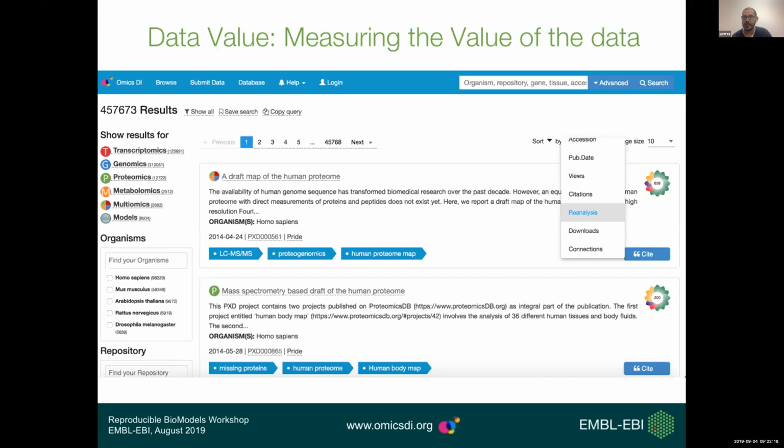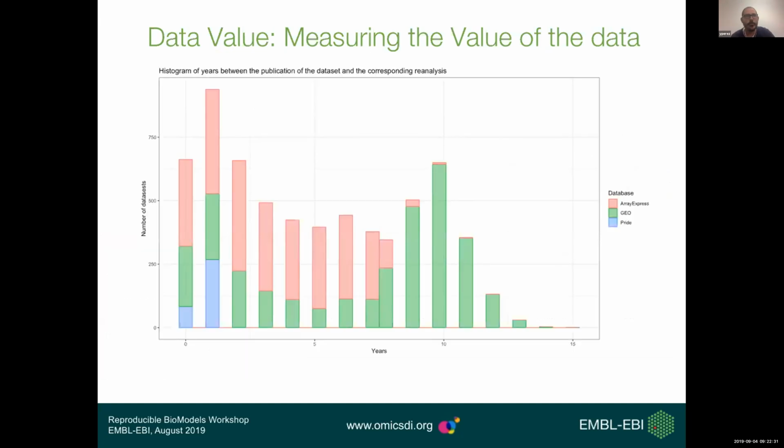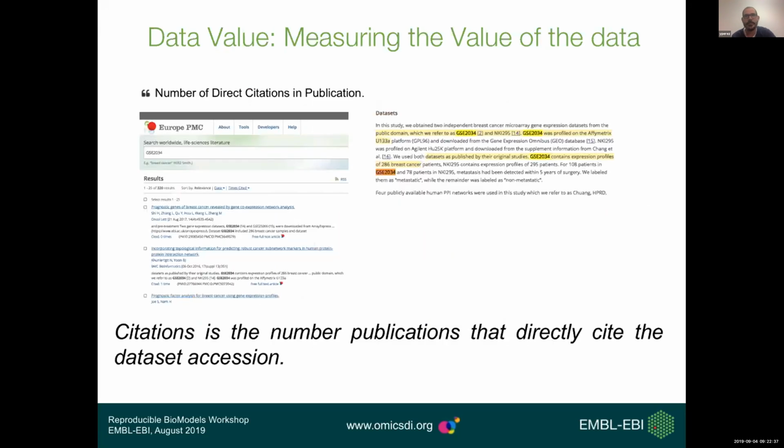It's not a citation to the original paper, but the citation of the original data set. And with that, we can see how many times a data set has been reused also in different publications, okay? I will not go into detail here because it's a little bit more data. But this is the way we detect the number of citations. For example, you can see here, this is a transcriptomic data set from GEO, and you can see here directly the citation to the GEO accession.